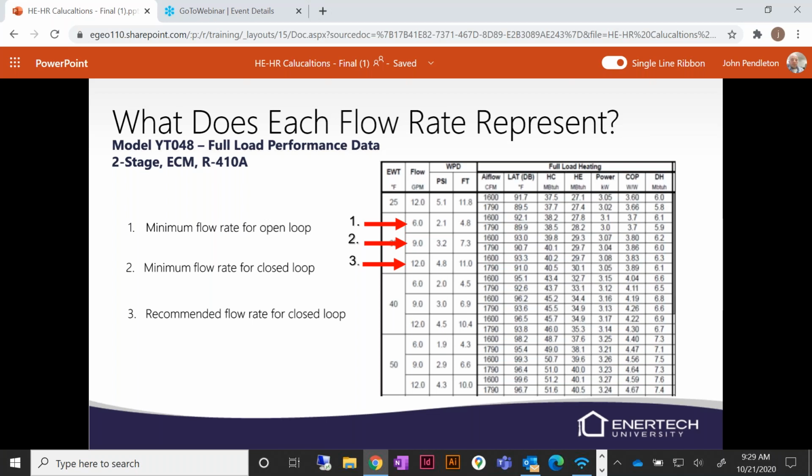If we've got the recommended flow rate going through the system, you're doubling your flow rate, so you can imagine that your temperature difference is going to be cut in half. So that 15 on an open loop, you'll probably be about 8 degrees on a closed loop. So you just have to take that into consideration. The faster you move the water, the smaller the temperature difference will be.